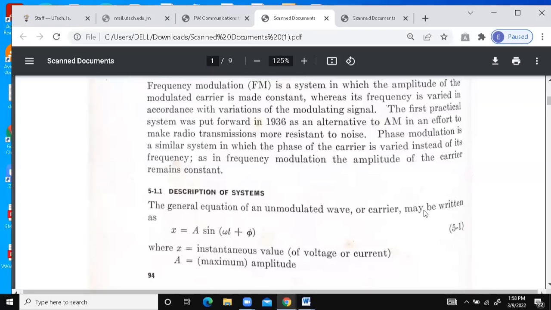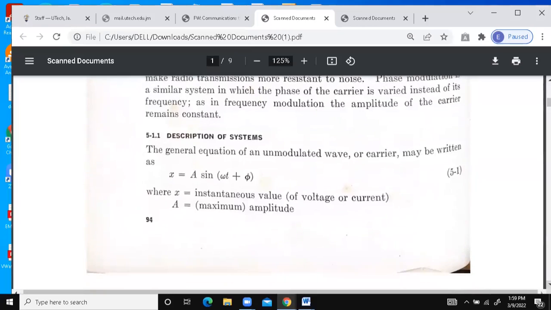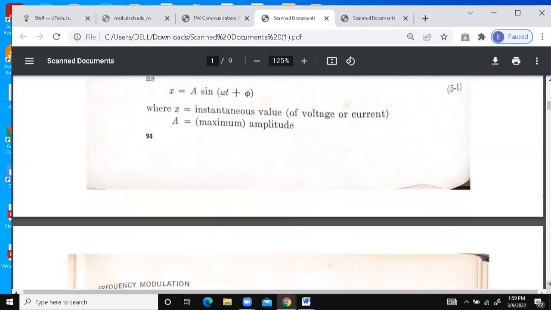Remember, you have your wave, and then you have the carrier wave. You sum the two of them, and you send it through a filter. In this case, the wave is voltage, it could be voltage or current.